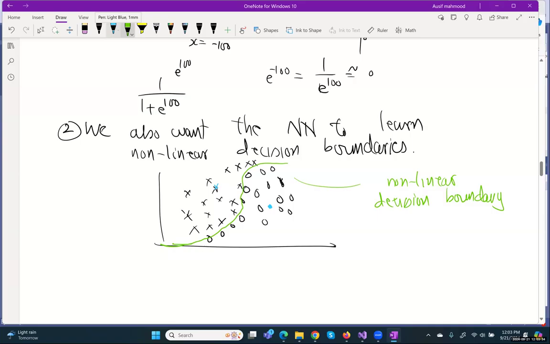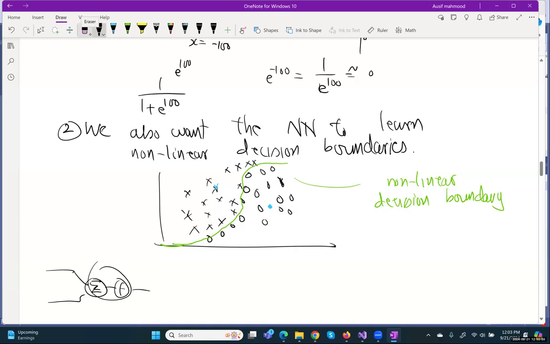So if you create a neural network with a single neuron in it, it doesn't matter what activation function you use.